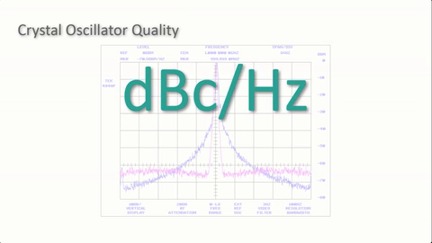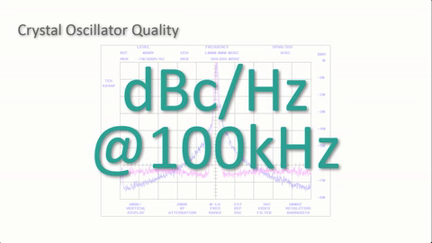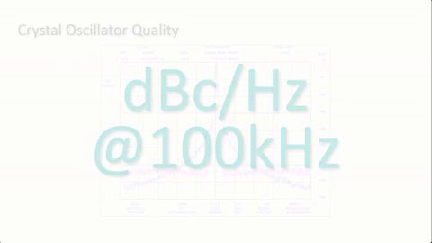Consider the power integrated over a 1 Hertz bandwidth around some offset, and that's dBc per hertz. Frequently, you'll see the performance specified at a 100 kHz offset. If you have a clock source with a noise margin of minus 130 dBc per hertz at a 100 kHz offset, then you have a good clock that's probably sourced from a crystal oscillator.